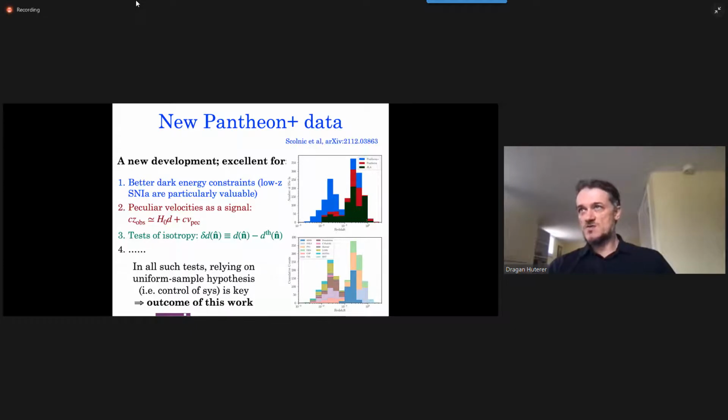So here's a histogram of supernovae, and the dark blue is the new Pantheon data. You can see it's a lot of data at low redshift. This is a pretty major new development. It's really useful for some of the most basic tests of the cosmological model. First of all, dark energy constraints will benefit from the new data.